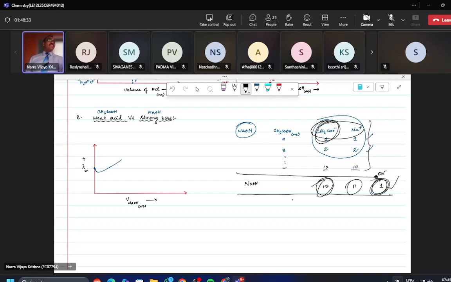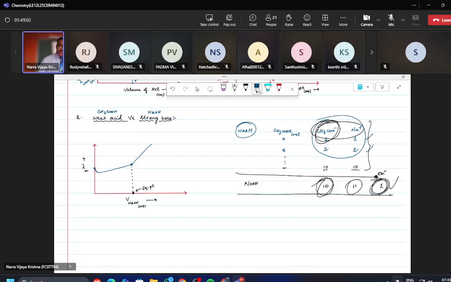So increase in slope is more, right? So initially, if there is an increase like this, after reaching equivalence point, what happened? It increases rapidly. Is it clear? So I call this point as equivalence point.